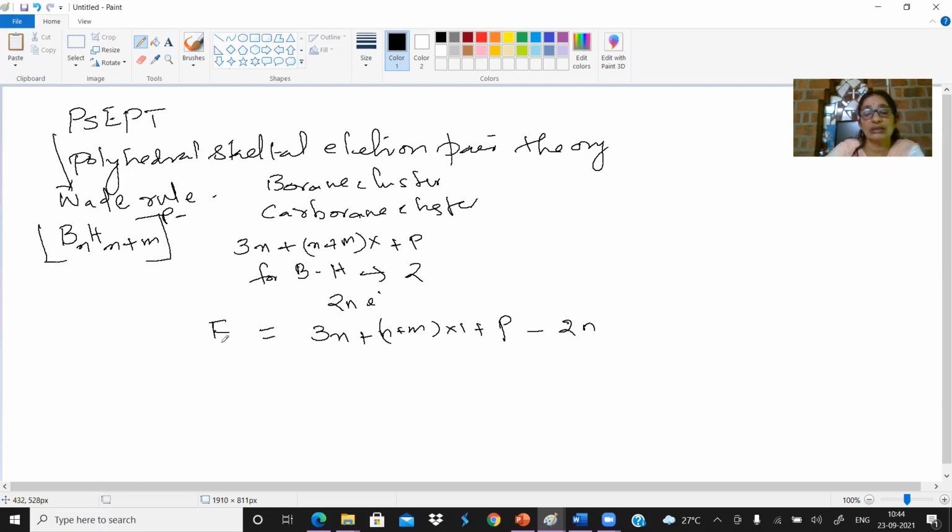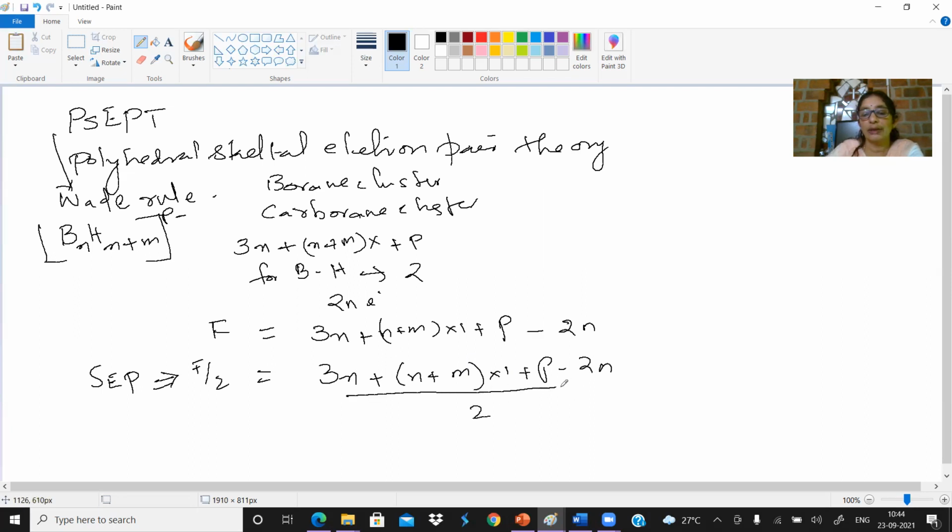What the rule says is that it relates the skeletal electron pairs to the structure, so the number of electrons has to be converted to electron pairs. We divide by 2, so skeletal electron pairs is F by 2. We can put this as 3n plus (n+m) into 1 plus p minus 2n, all divided by 2.